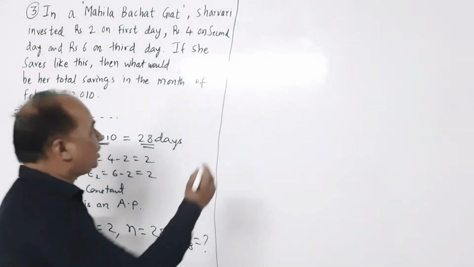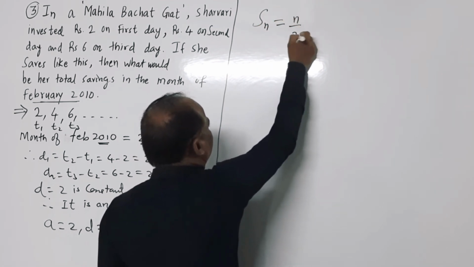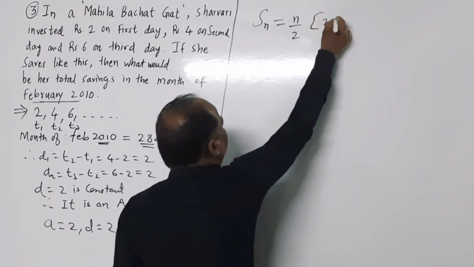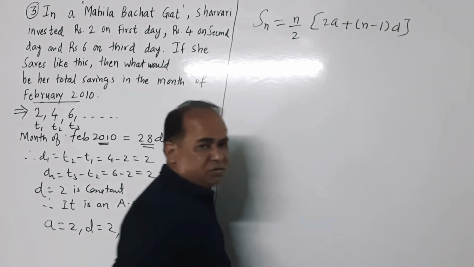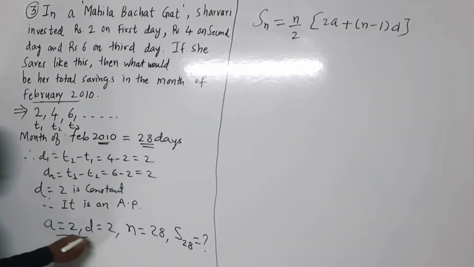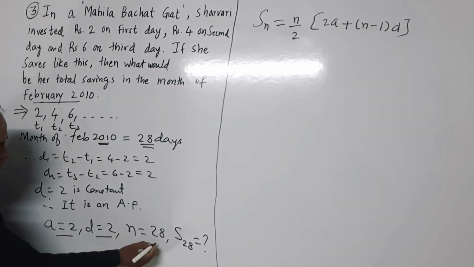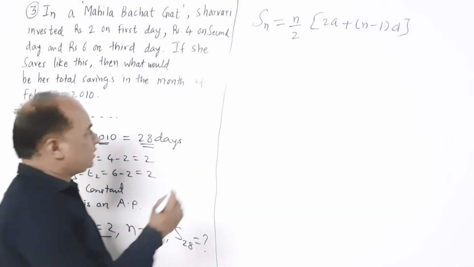So we know the formula to find Sn, the sum of n terms. Sn is equal to n upon 2 bracket 2a plus n minus 1 into d. Now put the values a is equal to 2, d is equal to 2 and n is equal to 28 in the Sn formula.